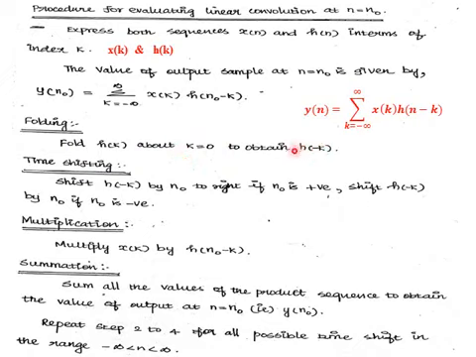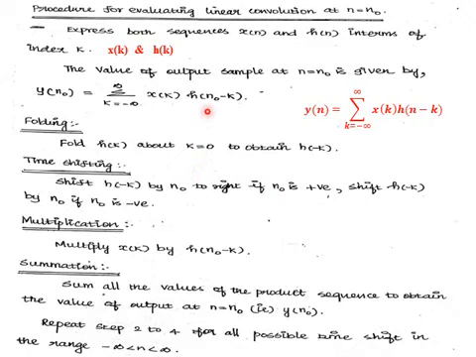Once this h of minus k is obtained, we perform another mathematical operation called shifting to get h of n naught minus k. That is, here h of minus k is shifted by n naught units. In the time shifting operation, you shift h of minus k by n naught units, and this time shift should be towards the right if n naught is positive, and if n naught is negative, you perform a left shift.